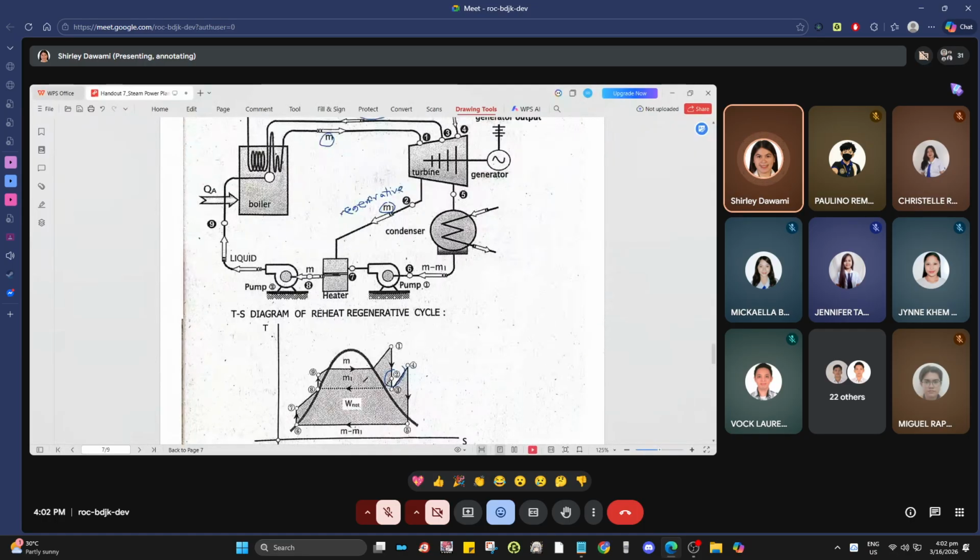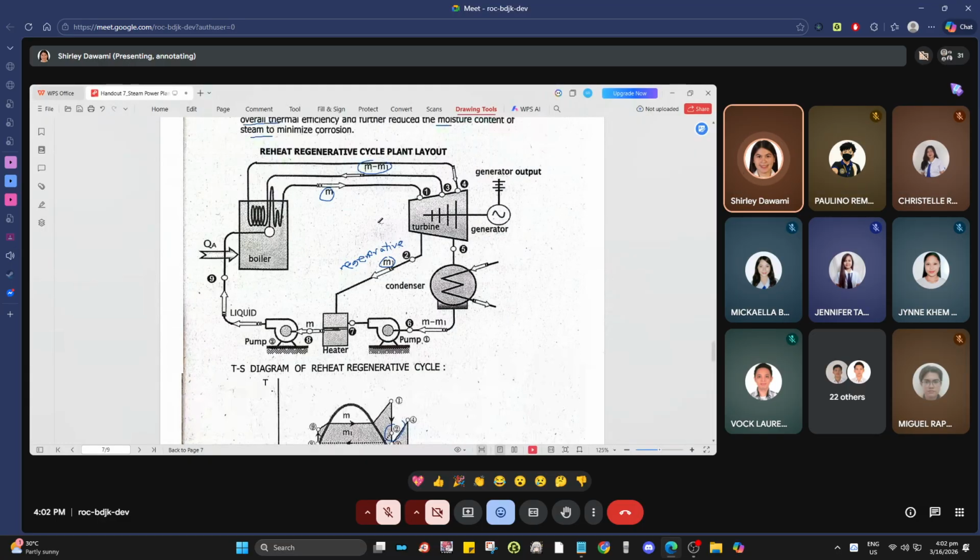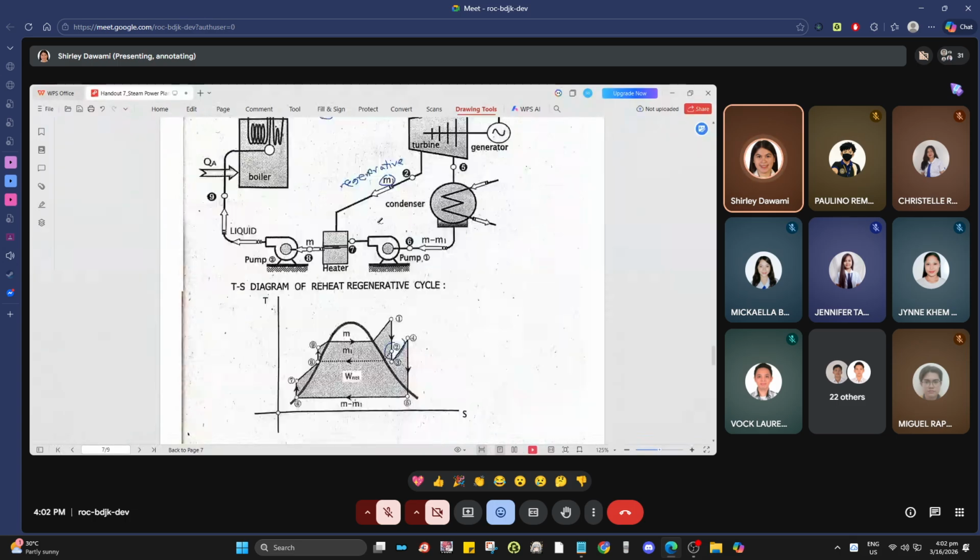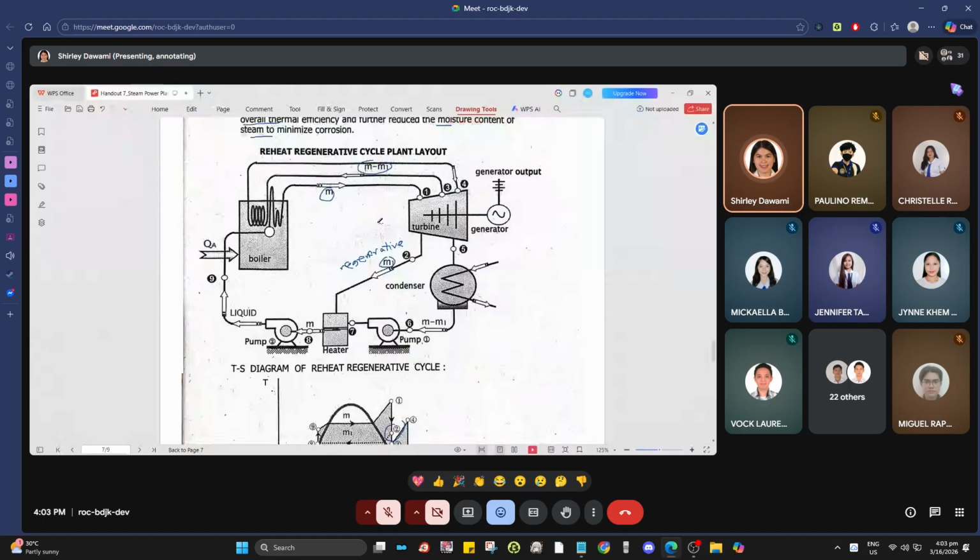Naa pa gihapoy nahimilin. So, wala pa fully na extract ang energy from the steam. Okay, so intermediate expansion pa lang. Okay? So paggawas niya diri sa point 3, niagi siya og superheating.